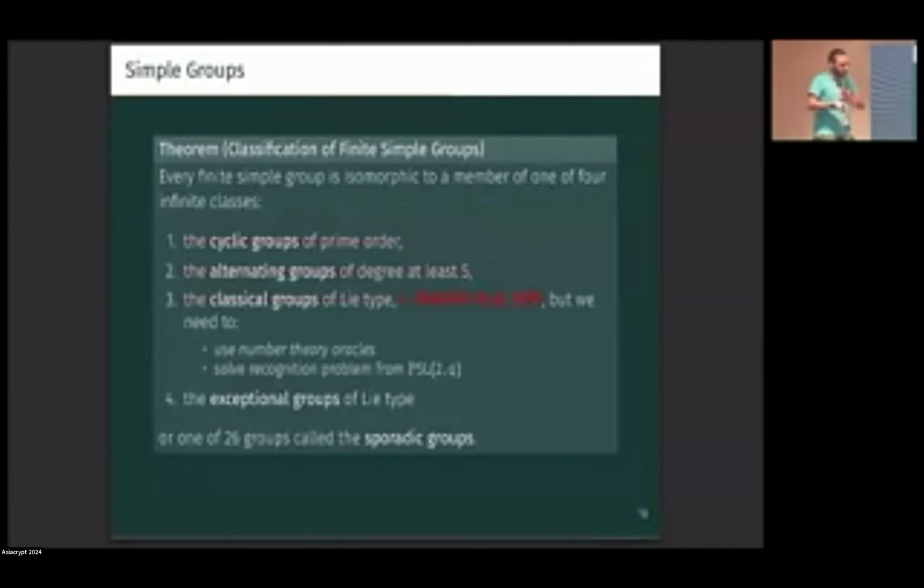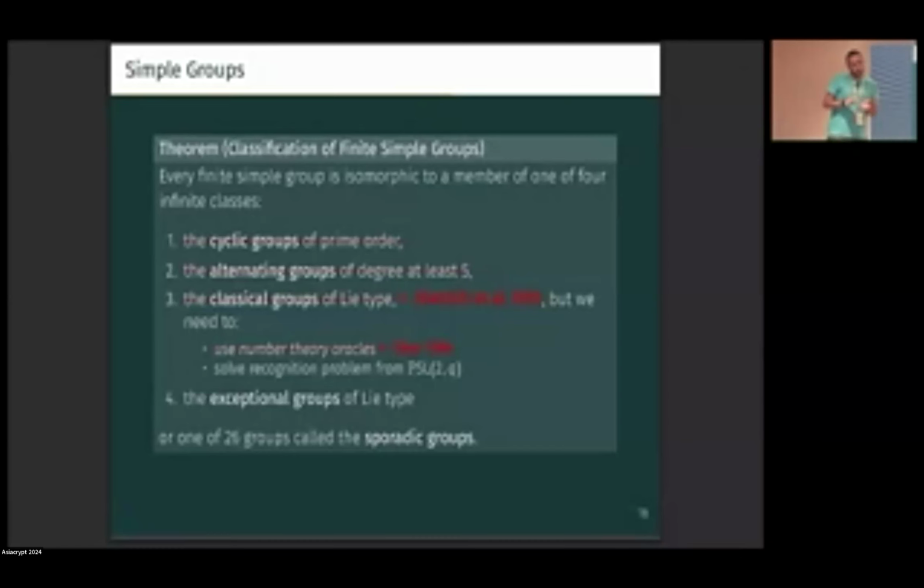For classical groups, it becomes a little more complicated because they showed it to be possible, but they need access to some kind of oracles. However, these oracles are essentially what they call number theory oracles that are quantum computers, because they are just discrete logarithm oracles and factoring oracles.